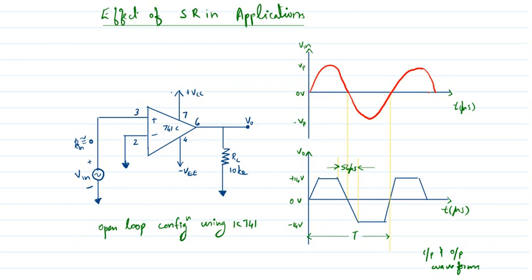There is a critical value according to the particular op-amp's slew rate: up to that the output will be an exact square wave, and after that frequency it will go to a triangular shape. So up to 8.93 kilohertz or below that it will be a square wave pulse, and after that it will move to a triangular wave.